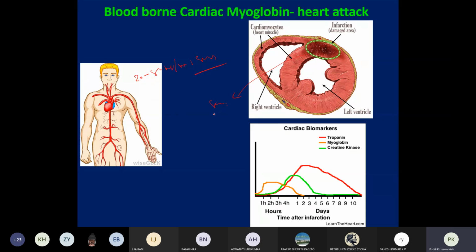As a result, the myoglobin concentration rises, and hence this blood-borne cardiac myoglobin is used as a marker to diagnose myocardial infarction, also called a heart attack. So the blood-borne myoglobin has clinical significance. Of course, recently myoglobin has been replaced with another marker, cardiac troponin.